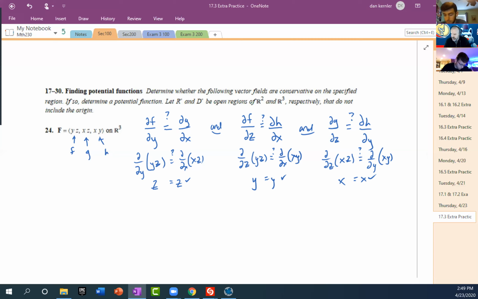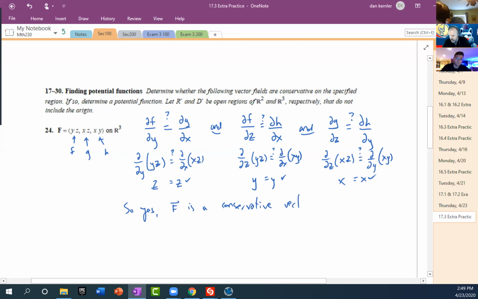Okay, so here's the key. Yes, F is a conservative vector field. Here's the logic.